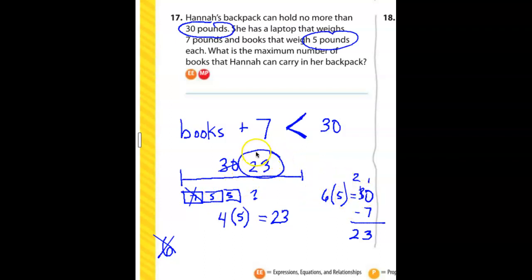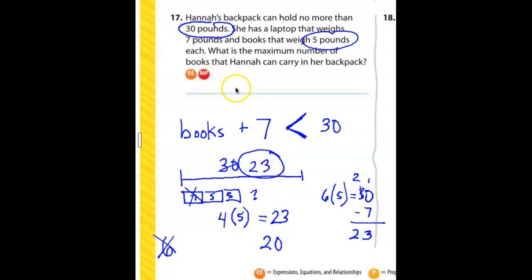But if we have to carry the laptop, then we can't carry 6 books. So if I have 23 pounds left to use here, 4 times 5 is what number? Exactly right. 4 times 5 is 20.